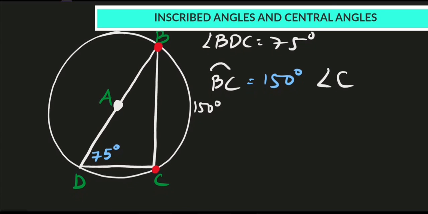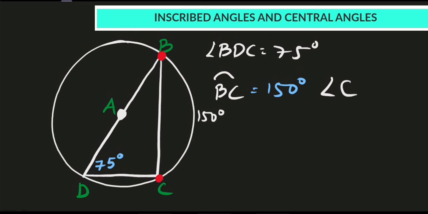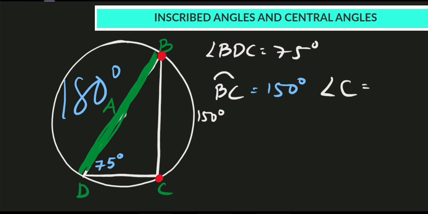Since you're asked to solve for the value of angle C, we have this angle BCD, or angle C. This time we need to use the concept of diameter. Since we have this diameter, segment BD, it divides our circle into two equal parts, 180 degrees and another 180 degrees.